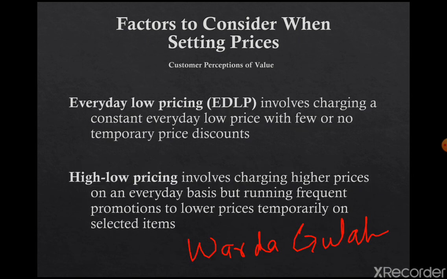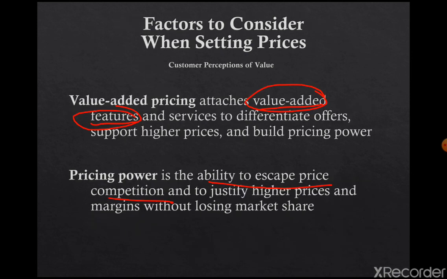The second one is everyday low pricing. The third one is high low pricing. Everyday low pricing would be like any other grocery item. High low pricing, I've already given you the example of that. Then the value added pricing. So these are the 4 different types of value based pricing that you can offer to your customers, right?